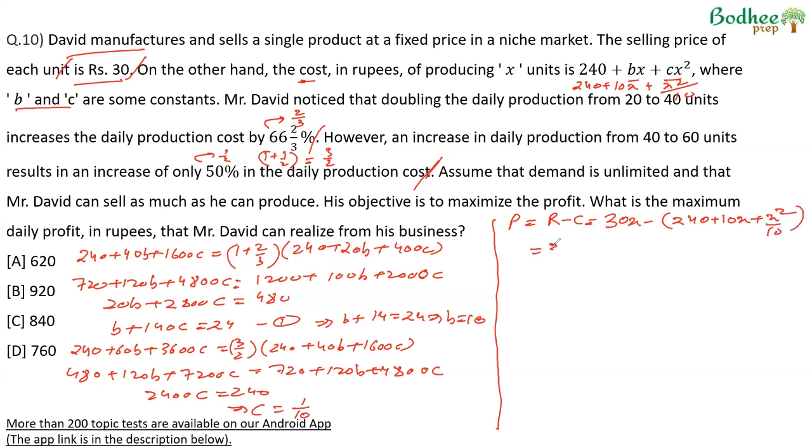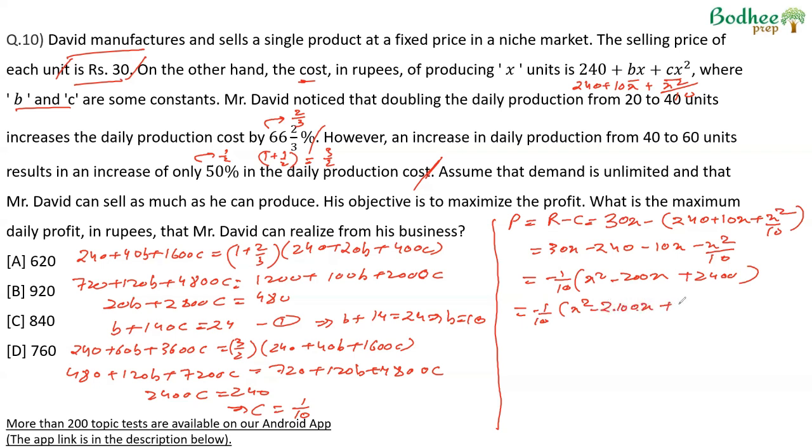So this becomes 30X minus 240 minus 10x minus x square by 10. Taking minus 1 by 10 common, we get x square minus 200x, 30x minus 10x is 20x, and 240 taking minus 1 by 10 common is plus 2400. We'll complete the square here. Minus 1 by 10 into x square minus 2 into 100x.